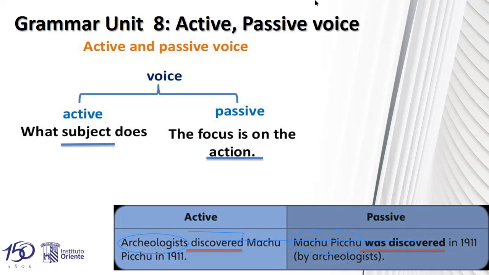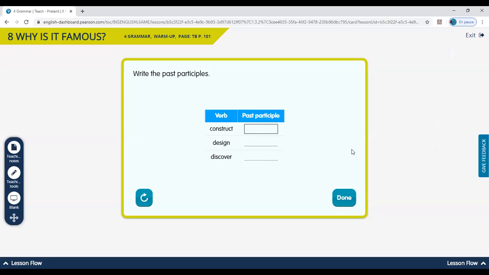Now, do you remember the past participle of the verbs? Remember that we have regular and irregular verbs. Observe. Do you remember the past participle of construct? Constructed. Design: designed. Discovered.